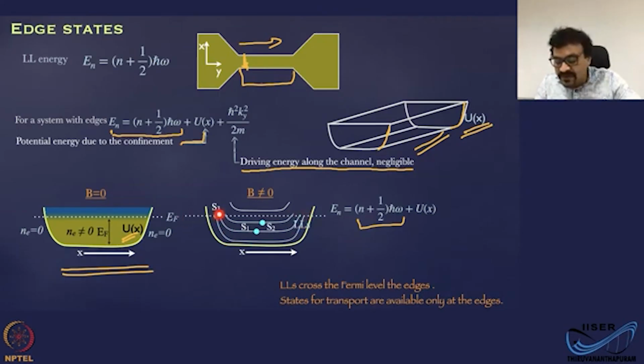Now the Fermi level, which is defined by the voltages that you are going to apply, is not going to change; that will be fixed. So these Landau levels will go up and cross the Fermi level only at the edges in this specific situation. So at the edges you have Landau levels, which are states available for the electrons.